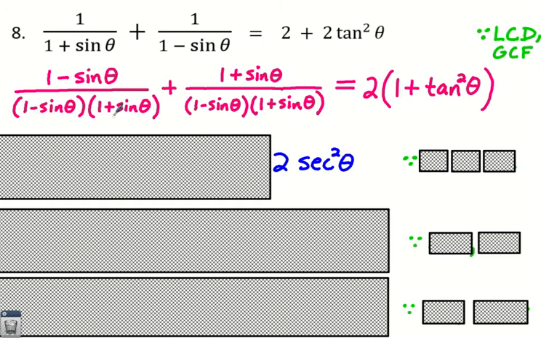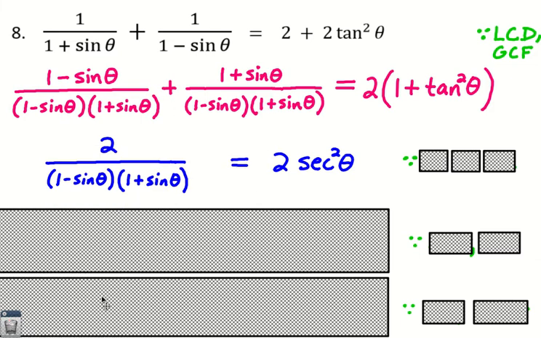And then again, you don't need to actually multiply these bubbles together for your LCD. In fact, it's better if you don't. And so, like I've said at least twice already in this video, there's a reason you make common denominators, so you can actually add the fractions together. So this numerator plus this numerator, first of all, we're adding fractions.